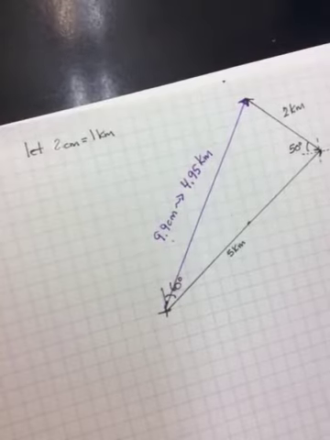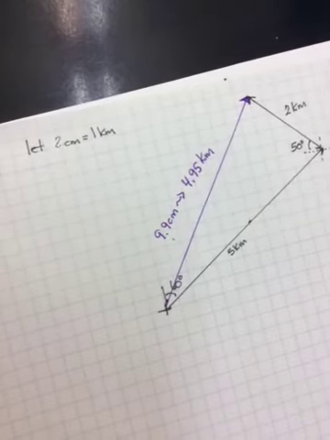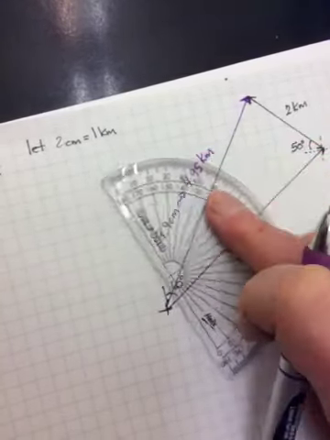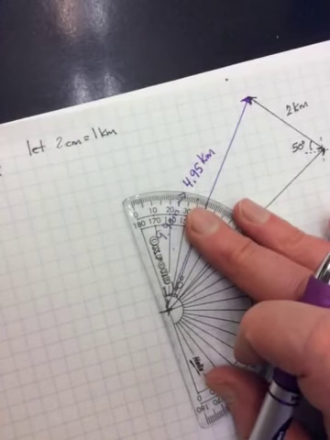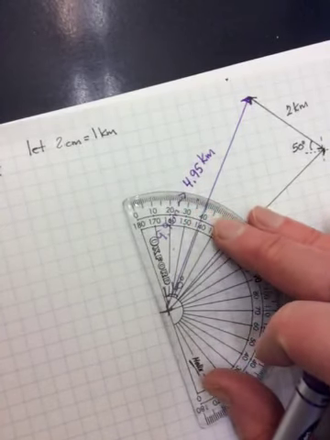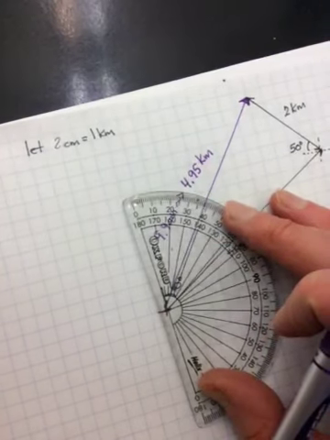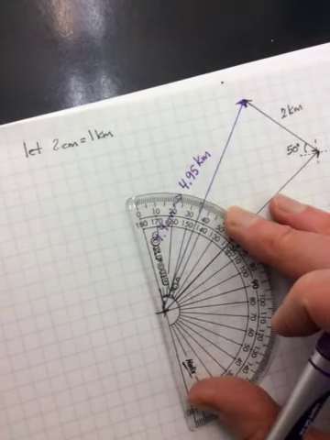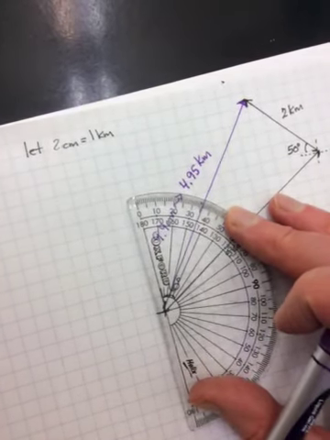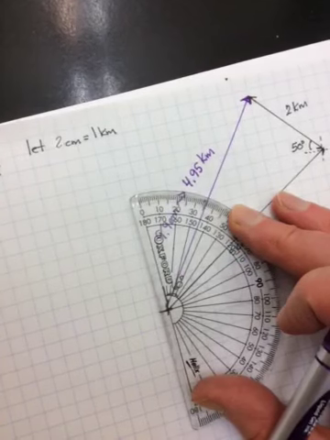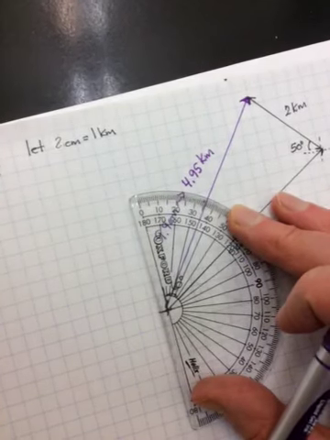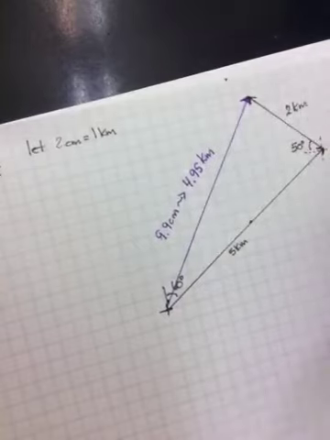Now we also need the angle. So we go down here, and I would probably line it up with the north because that's how we started. So line it up with the north and make sure it's actually lined up right there. And when I read my vector, it looks like 35 degrees.